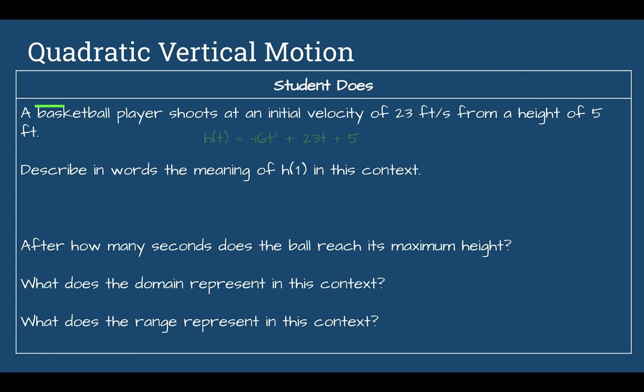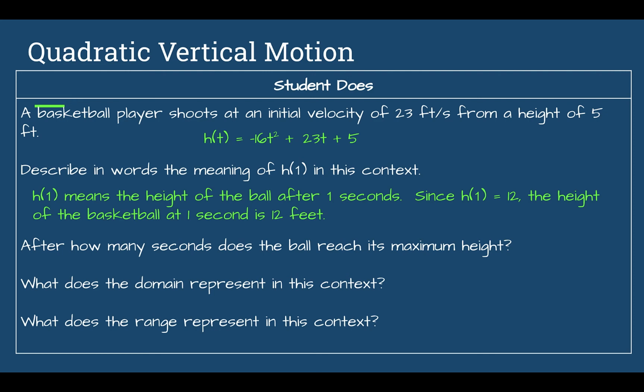Let's check. First, you need your vertical motion function, h of t equals negative 16t squared plus 23t plus 5. H of 1 would mean the height of the ball after 1 second. In this case, since h of 1 equals 12, the height of the basketball at 1 second would be 12 feet.